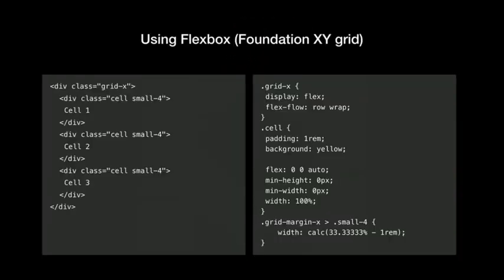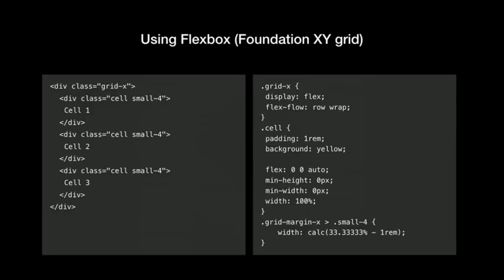We've got 3 elements we want to place on the grid, 4 columns each. Now, using Flexbox, we do something like this. This is an example from the Foundation framework, but it could be from any framework, really. We're setting display flex on the parent element, grid X, in this example.